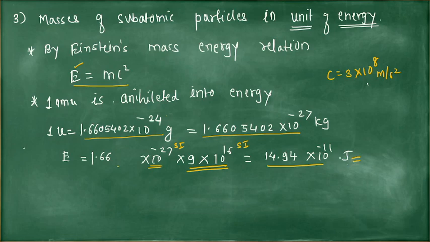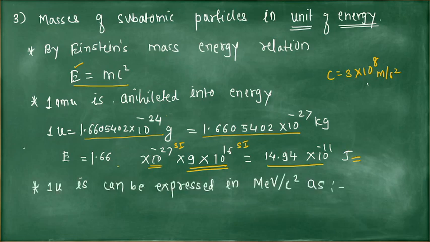So what is the energy SI unit? Joule. Not electron volt, not mega electron volt, only joule is the SI unit. Now 1 U can be expressed in mega electron volt per c square.